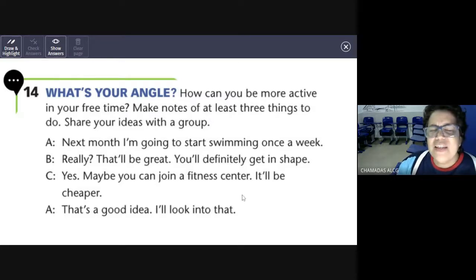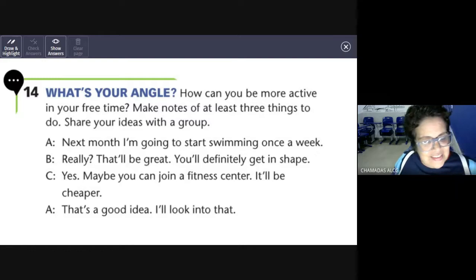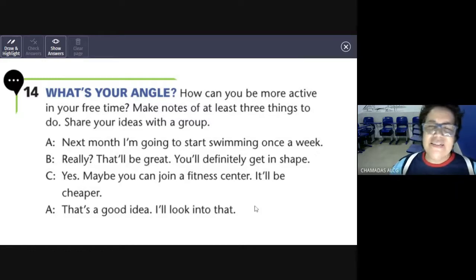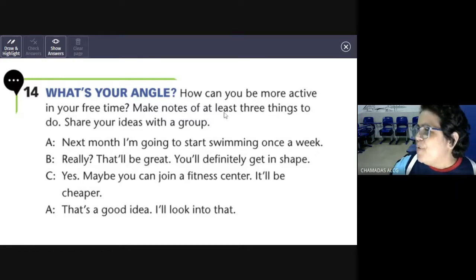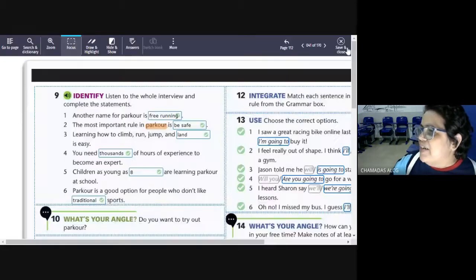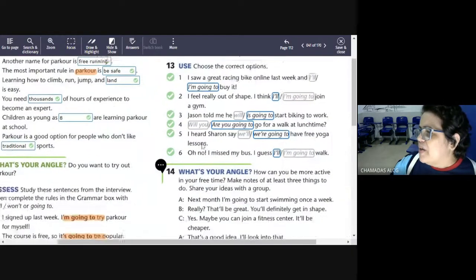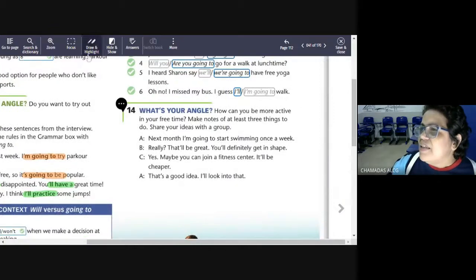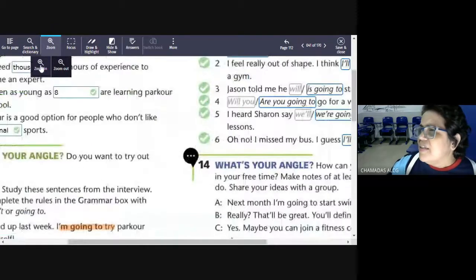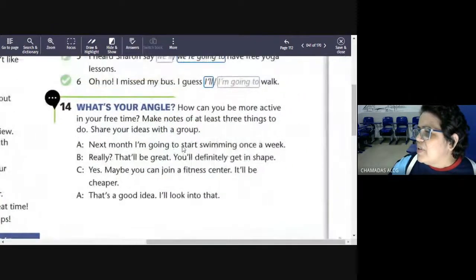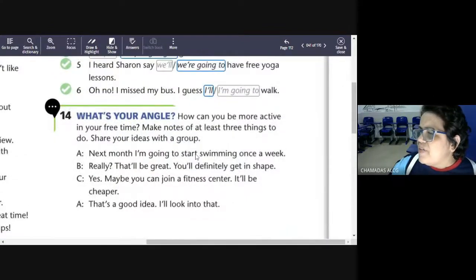So what do you think you can do to start working out or exercising? Have you already thought about it? No? So let me give you an idea. I'm going to make it bigger, all right? Yes. Let's quickly come up with an idea to start exercising if you haven't, okay?